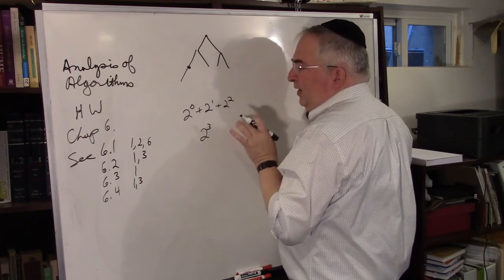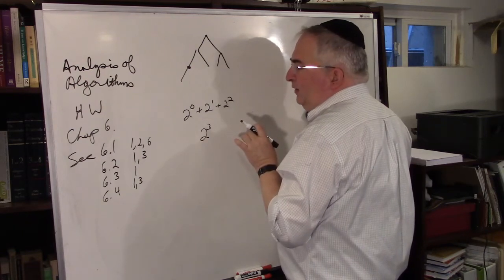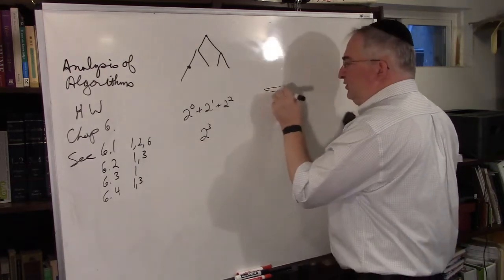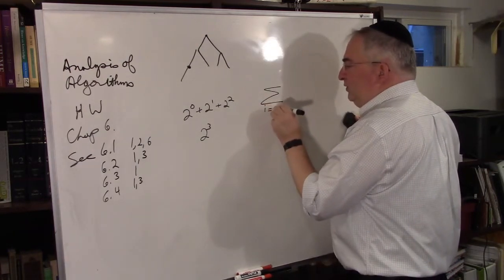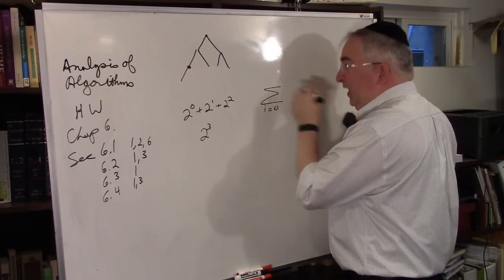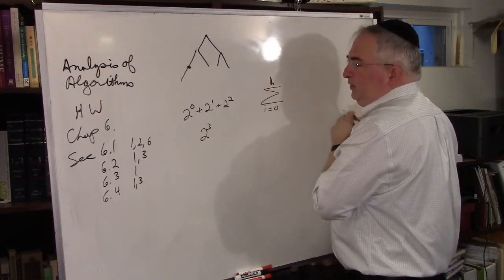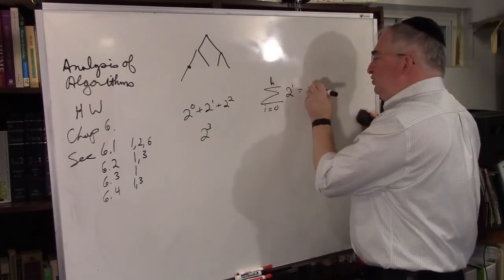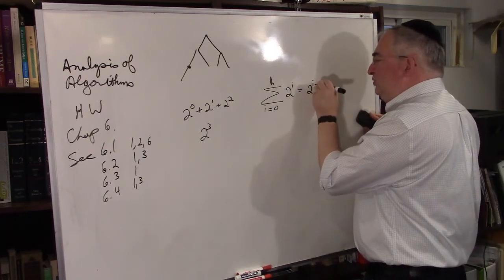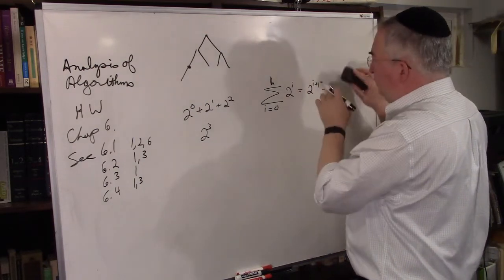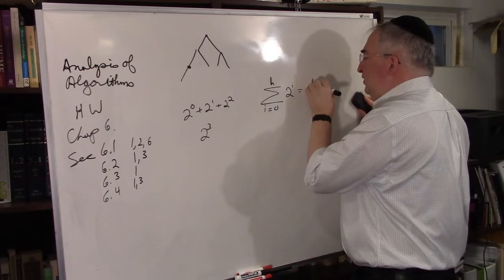I'd like to write it another way. So we have the geometric series. Let's remember what the geometric series says. The sum for i equals 0 to h of 2 to the i is 2 to the h plus 1 minus 1.